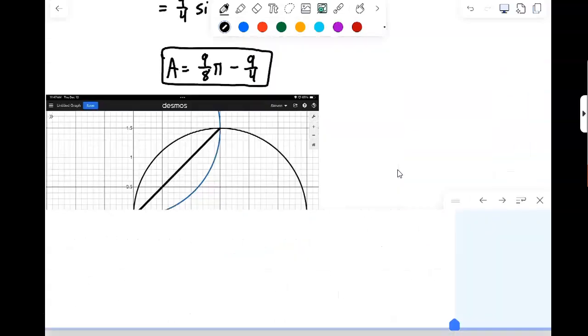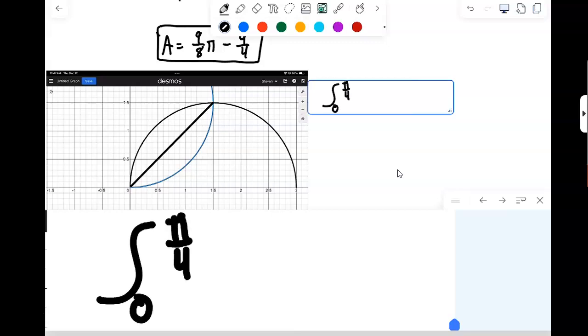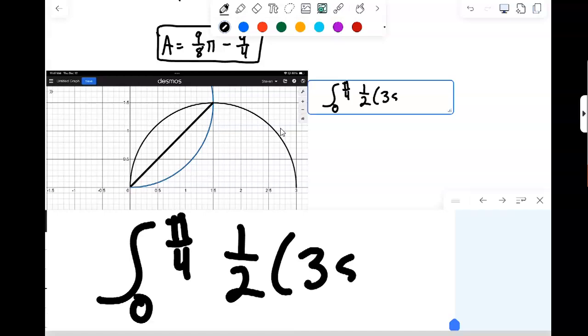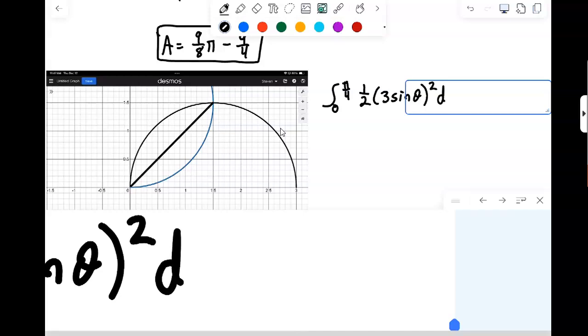So what that means is you can actually set the problem up as this. Do the area from 0 to pi over 4 of, what was it? Give me a second, my mind just stopped working. 1/2 of 3 sine theta, quantity squared, d theta.